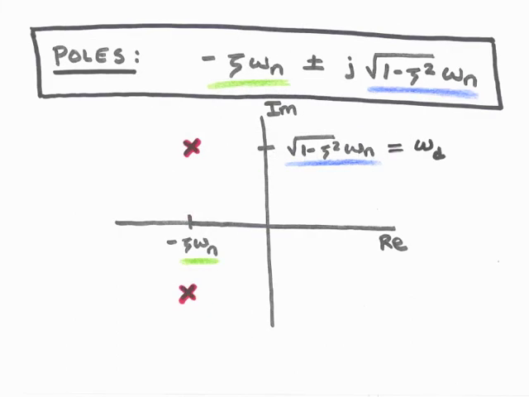The real part of the poles, we'll note, is minus zeta omega n, and the imaginary part of the poles is square root of 1 minus zeta squared omega n. Previously, we referred to square root of 1 minus zeta squared omega n as omega d, the damped natural frequency.